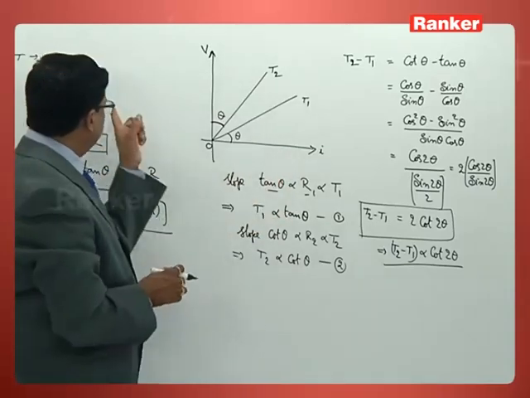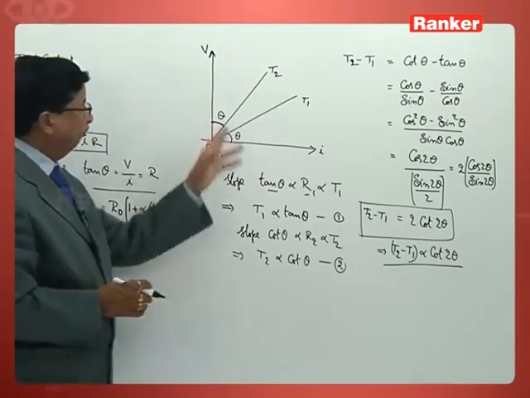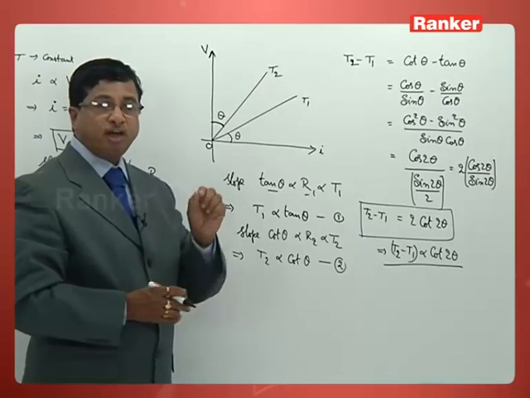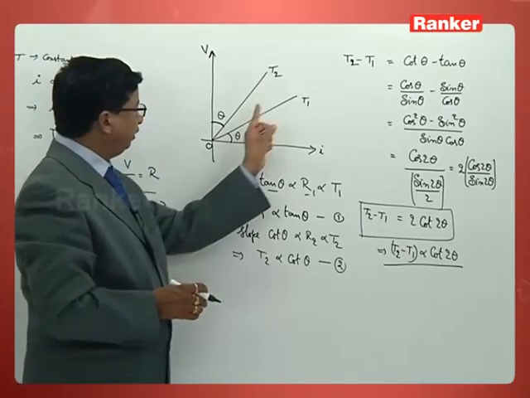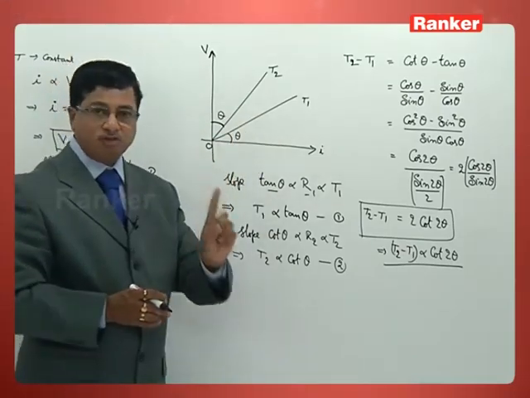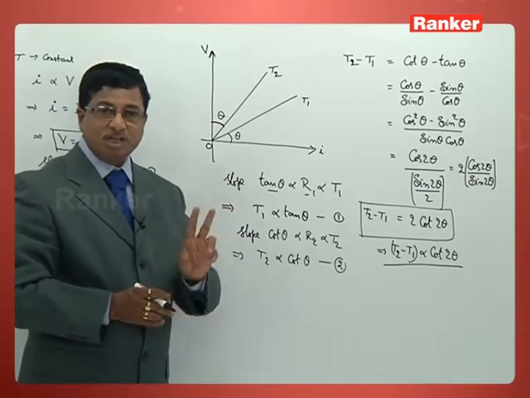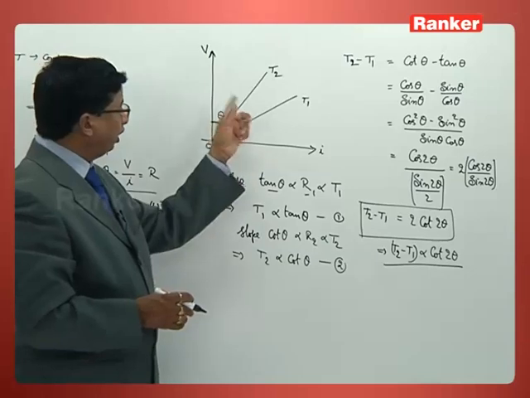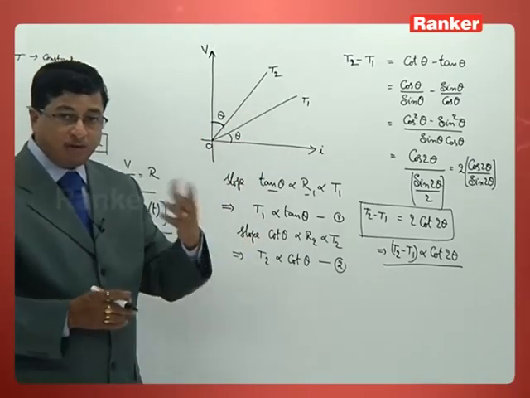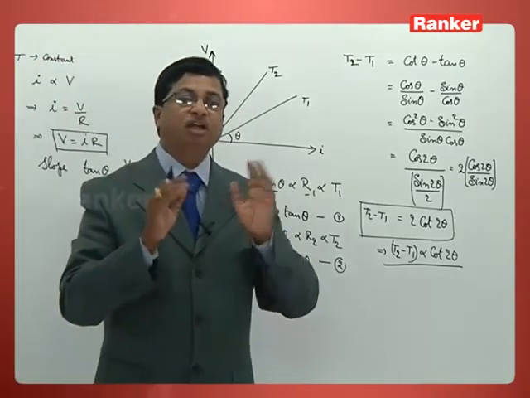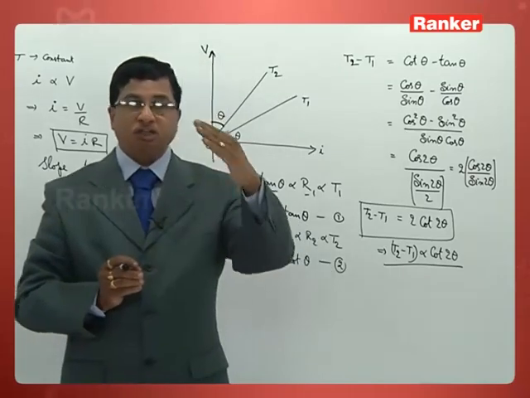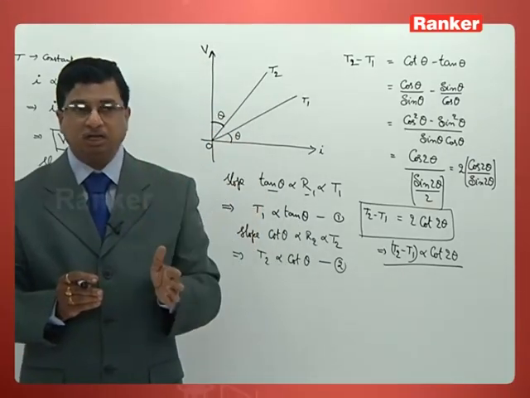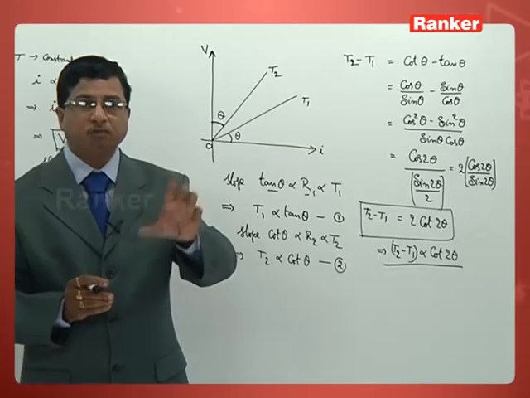So what should you understand from this? Whenever we consider Ohm's law, the V and I graph for a conductor is a straight line passing through the origin. First point. Second thing, this particular straight line depends on the temperature of the conductor. If temperature changes, automatically resistance also varies.